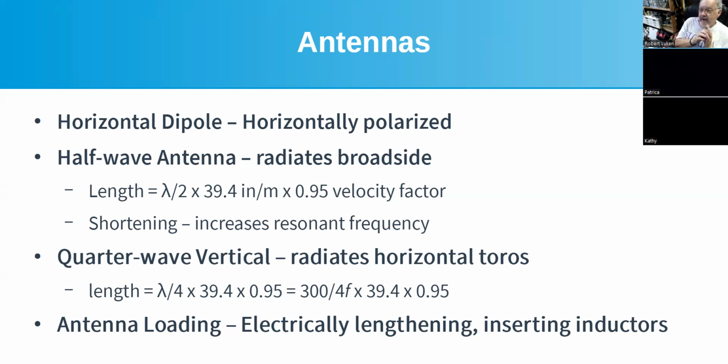So that's where that 0.95 velocity factor comes in. So if we try to figure out how long a wire we need for a half wave dipole, we divide the wavelength by 2 and multiply it by 39.4 inches per meter, and then apply the velocity factor to find out how long a wire you need to make that half wave antenna.